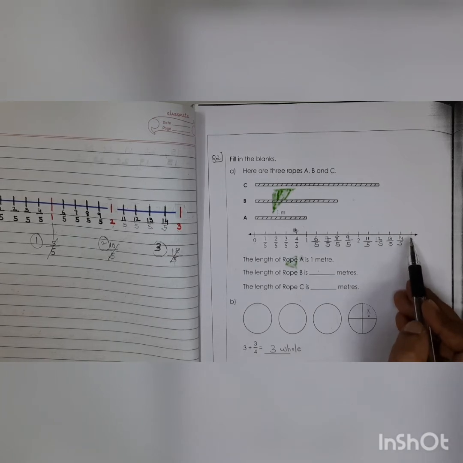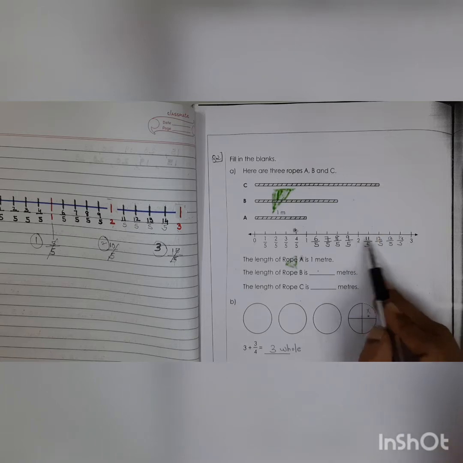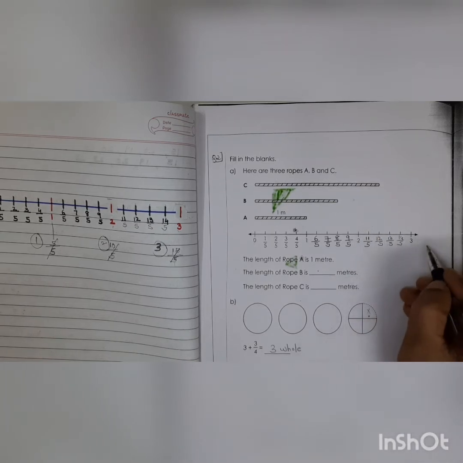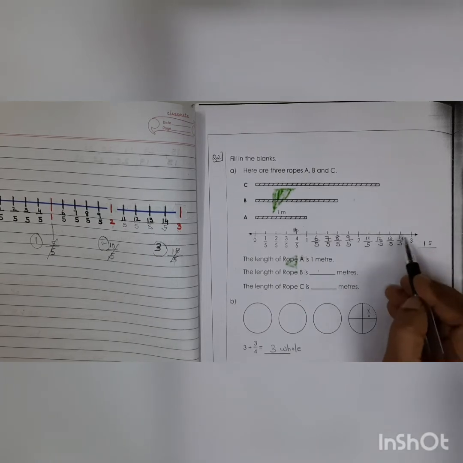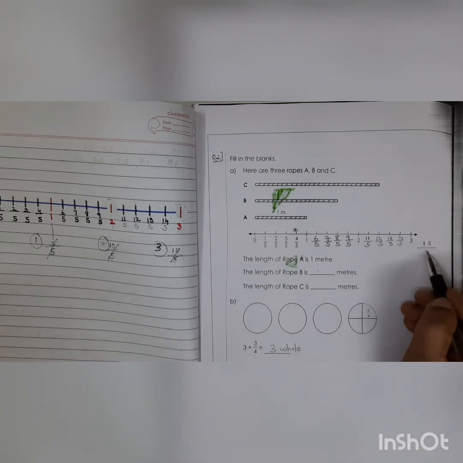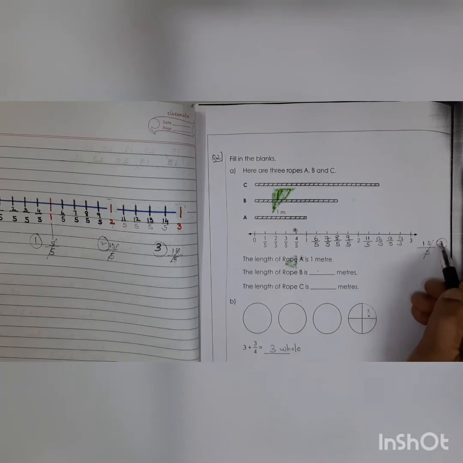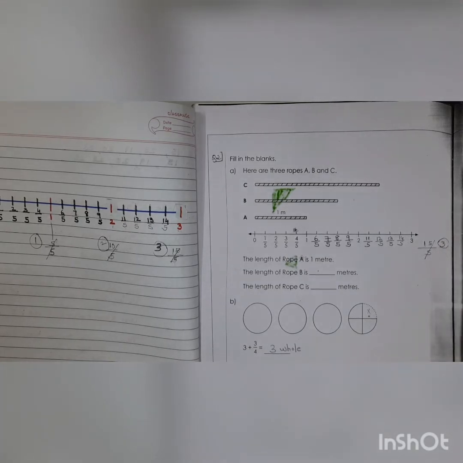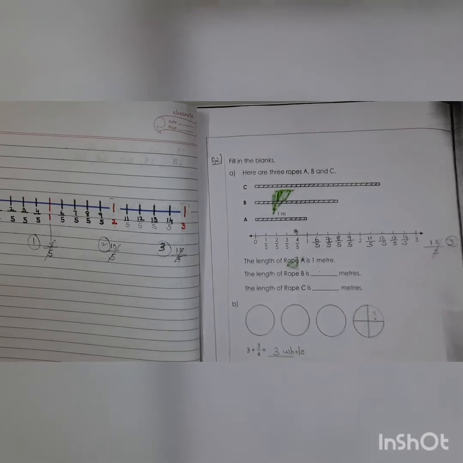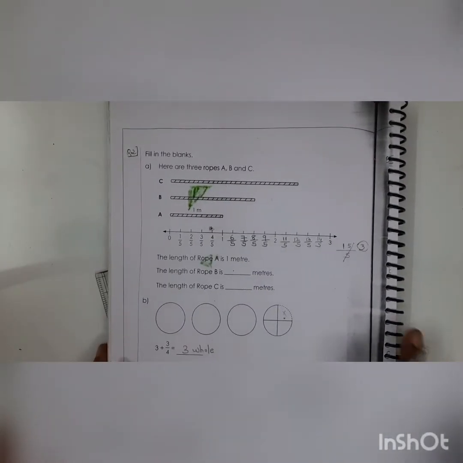Because this is 15. So this will be 15 upon 5. Why 5, children? Because we are seeing from 2 to 3. So 5 parts. So this will be 15. You can check, children, 15. The numerator is 15. That's upon 5. So if you cancel, you get your 3.